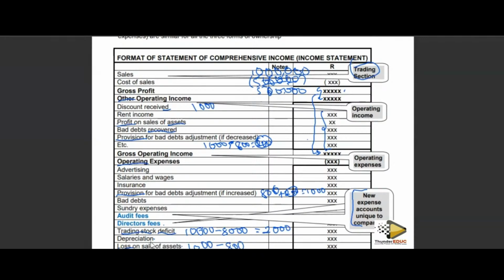Now, do you see that we have lost? And how have we lost? Let's say you have a phone, and you bought it for maybe 2,000, but now it has lost a value of 1,000.